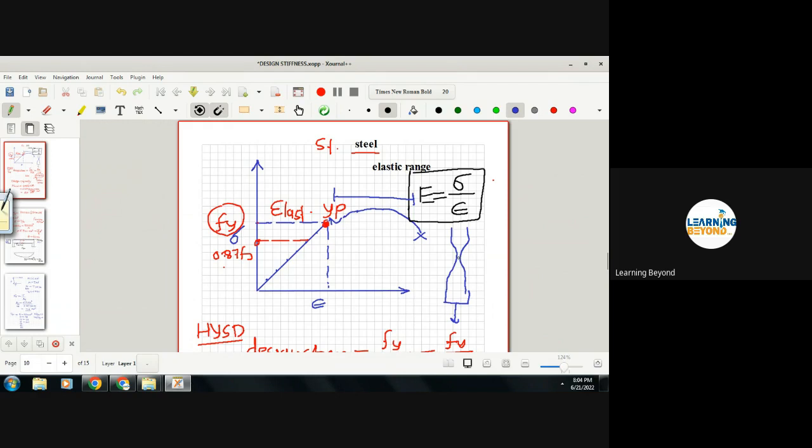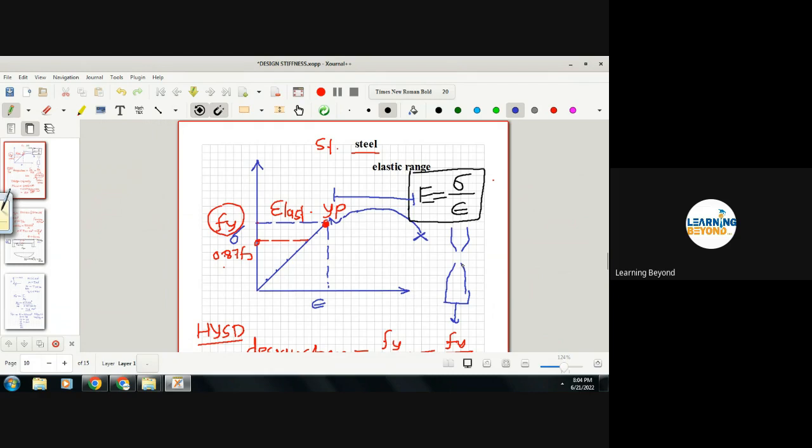Neck means the diameter is very small, and as you still go on increasing the force, at some point it will break. That is the force at which it is breaking, the ultimate force. This is the last point of the graph. After that, the piece got broken.